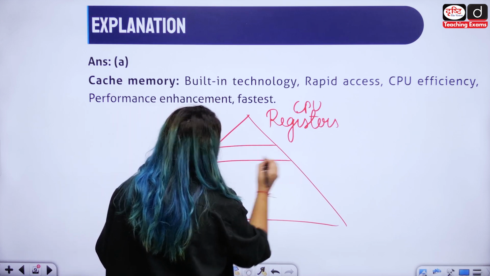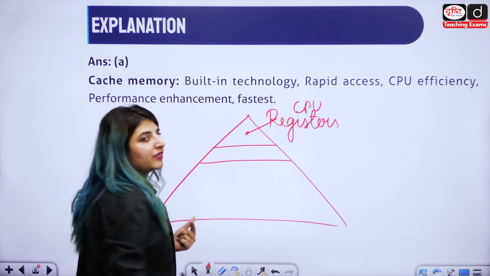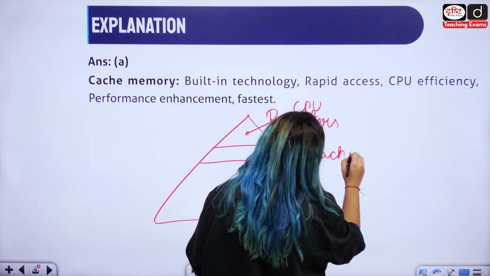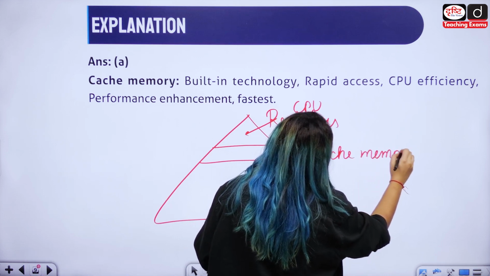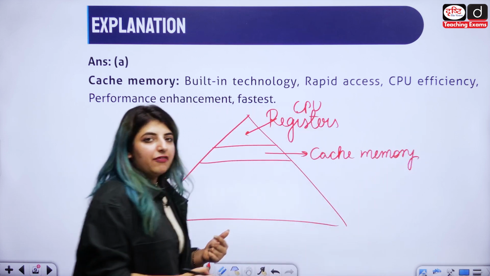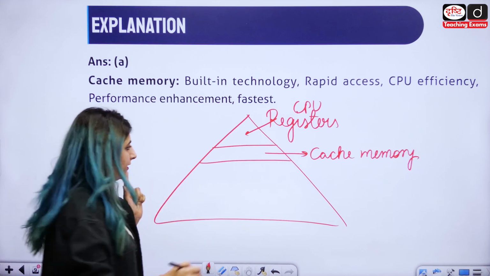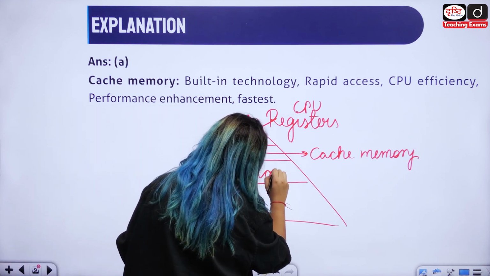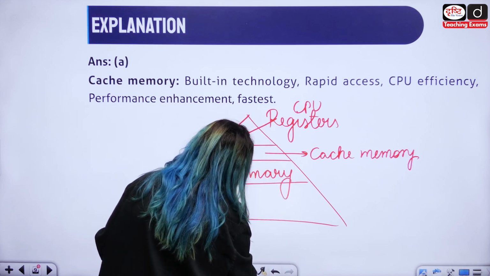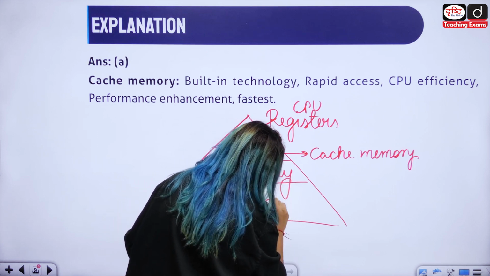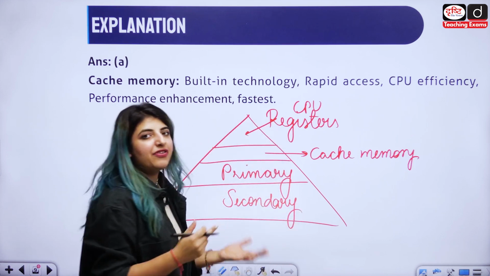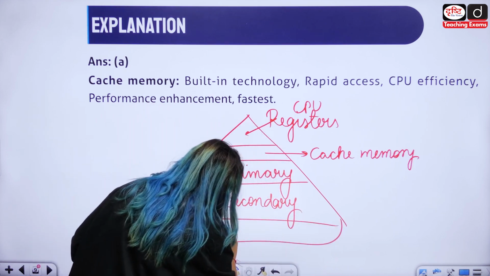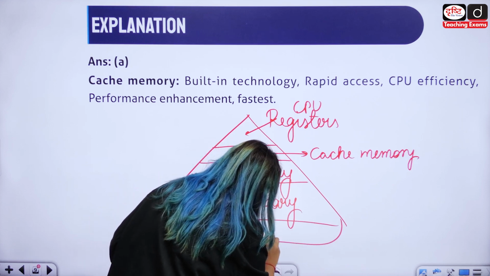Then we have the second thing. This is registers. Correct? Then we have the cache memory, which is the second fastest after CPU registers. Then we have the primary memory. Then we have secondary. In primary we have RAM, ROM and all, right? Then we have tertiary storage, tertiary memory.